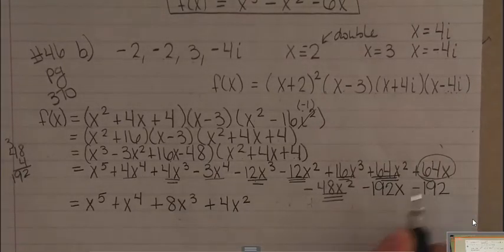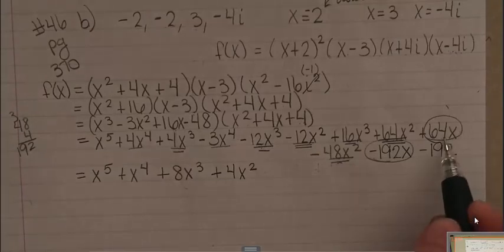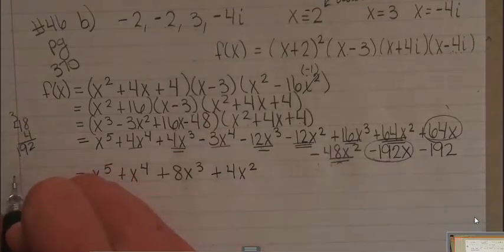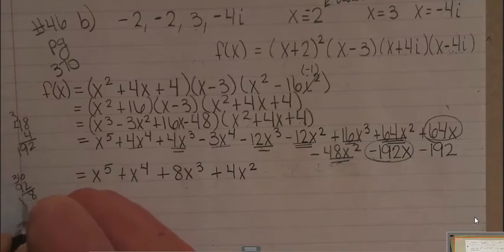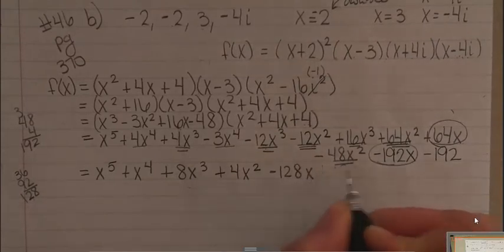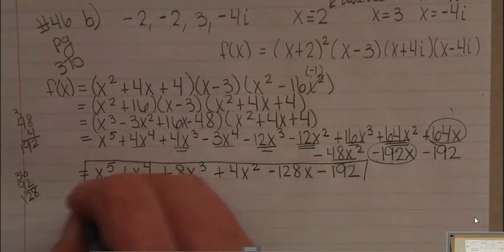So I've got this x and that x. To go from 64 to 100 is 36 and another 92, 128, and it's going to be negative, and minus 192. And there's my polynomial.